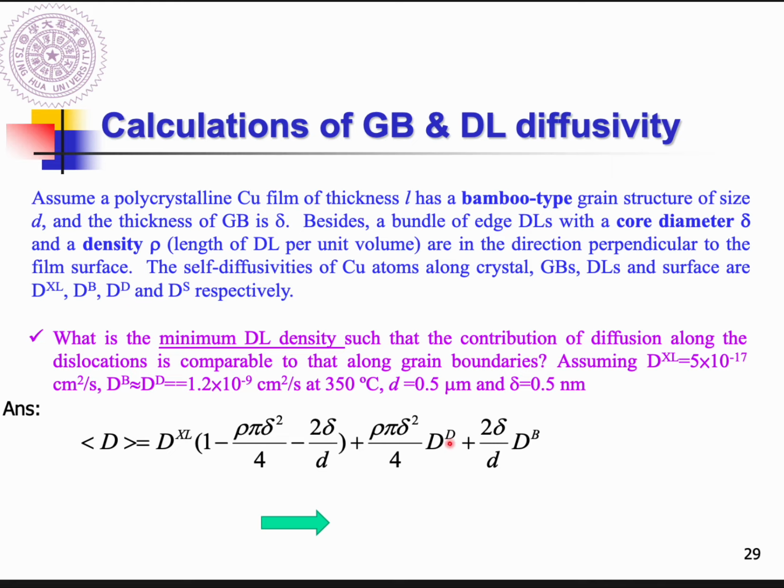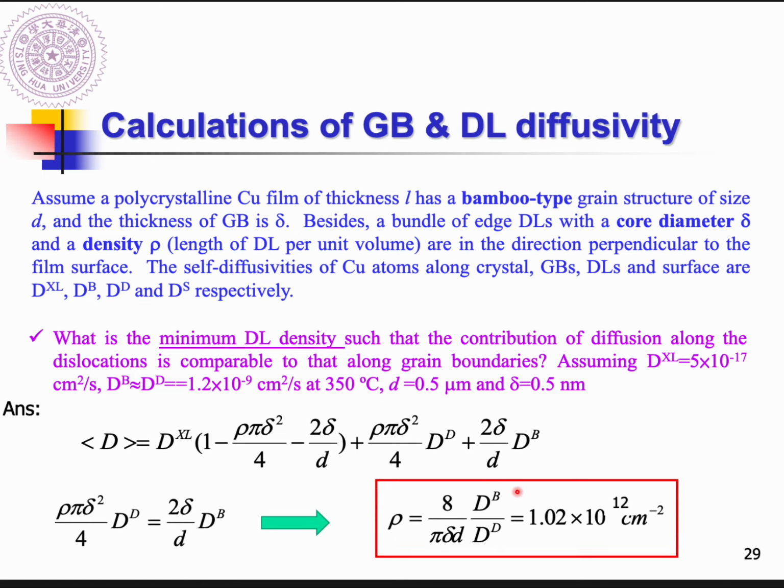So this is a contribution of diffusion along the grain boundary, and dislocation will be this part. These two are comparable. The contribution is comparable, meaning this one equals this one. So we can express the law like this.